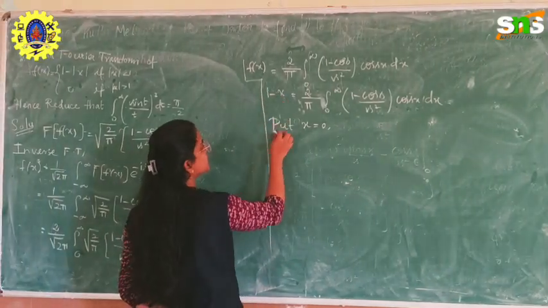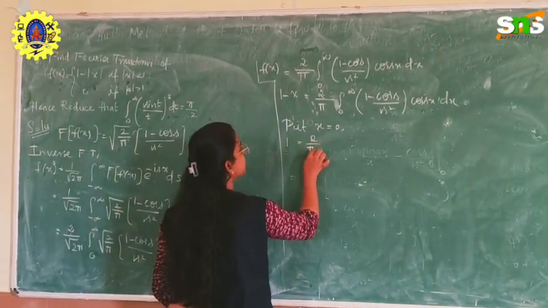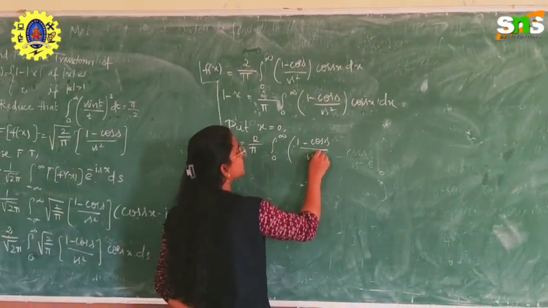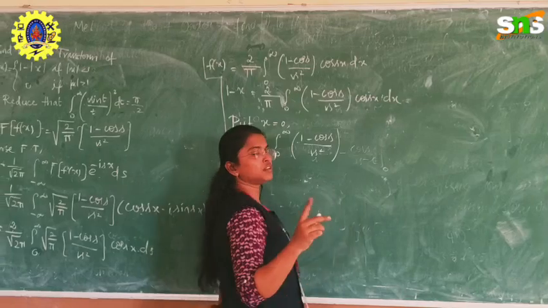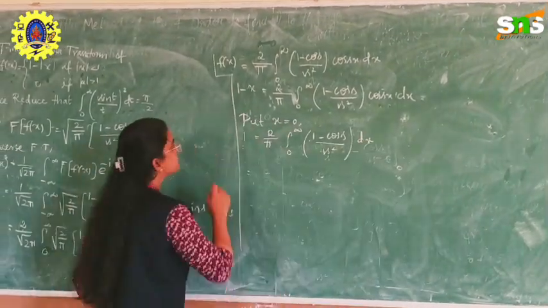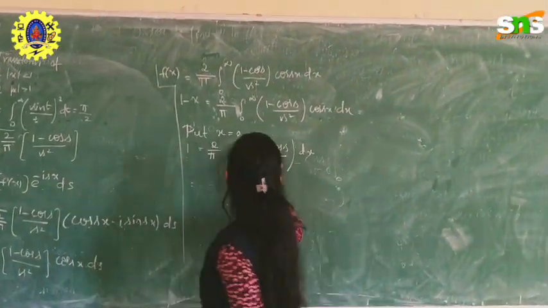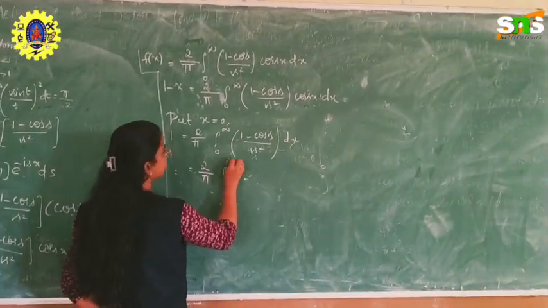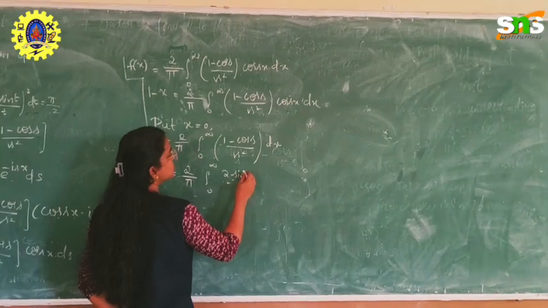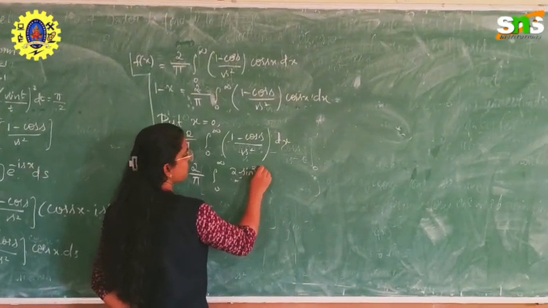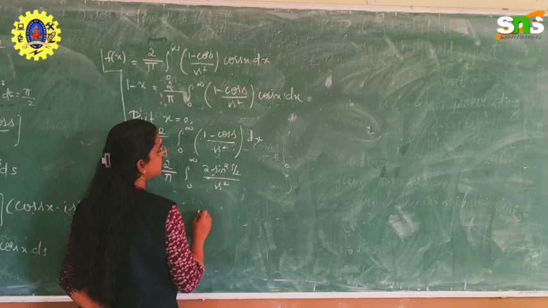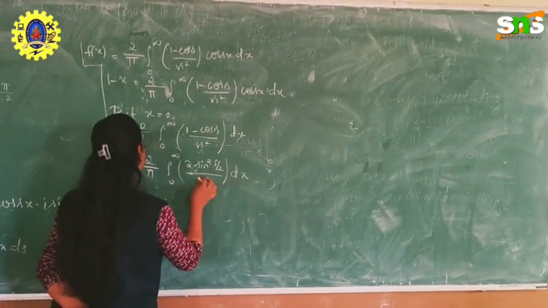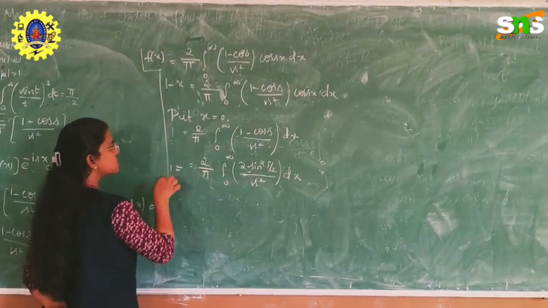So I'll get 1 minus 0, which is 1, is equal to 2 divided by pi integral 0 to infinity (1 minus cos s) divided by s square into ds, which is equal to 1.